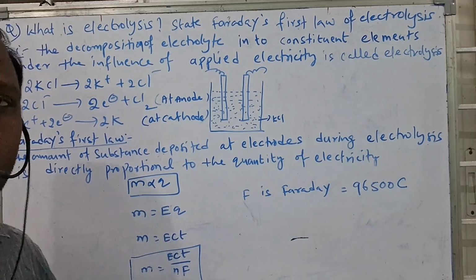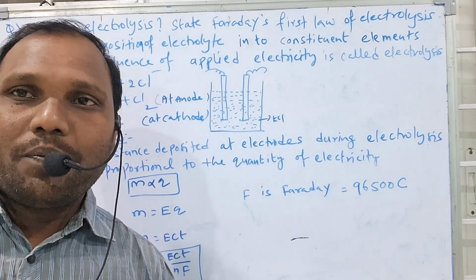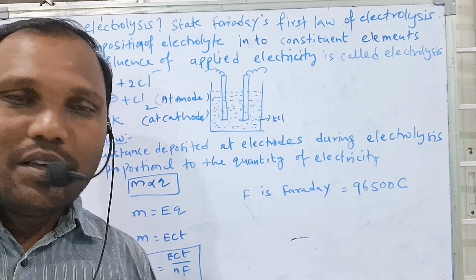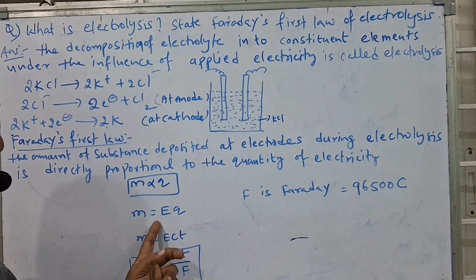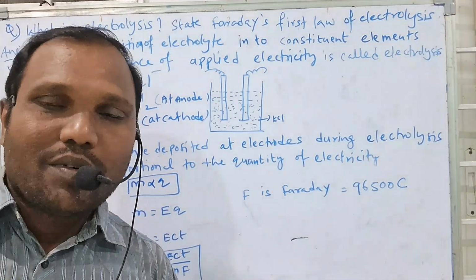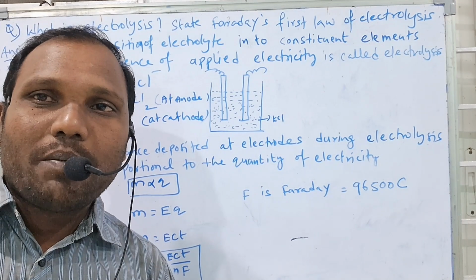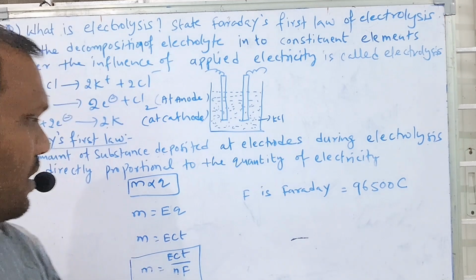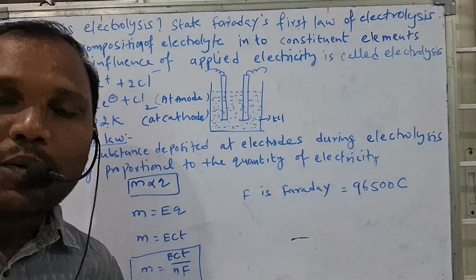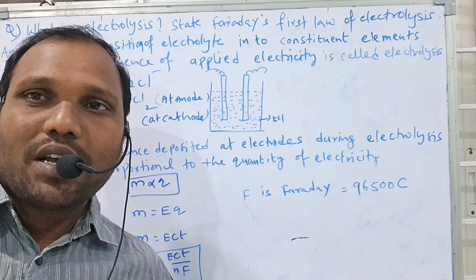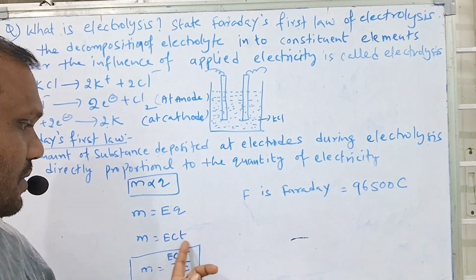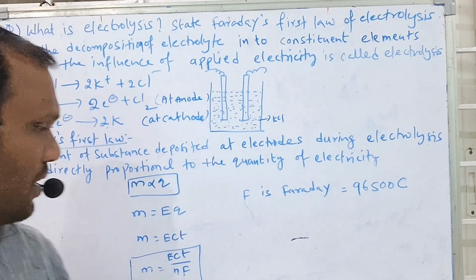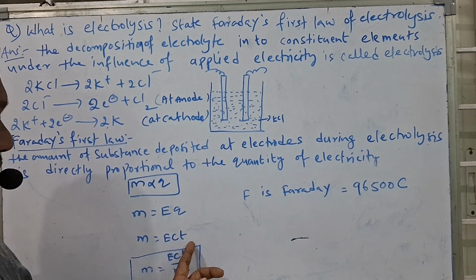This proportionality is converted into an equation with a constant. Here the constant will come. M is equal to EQ. Here capital E is what? The electrochemical constant. Then Q is equal to charge times time, that is, a product. That's why M is equal to ECT.